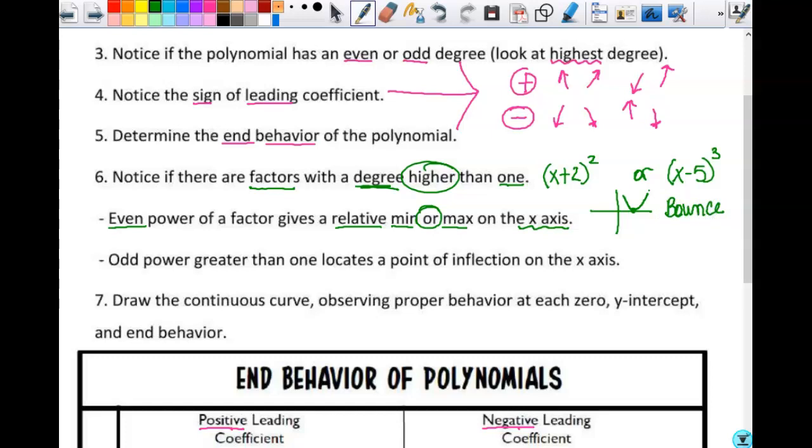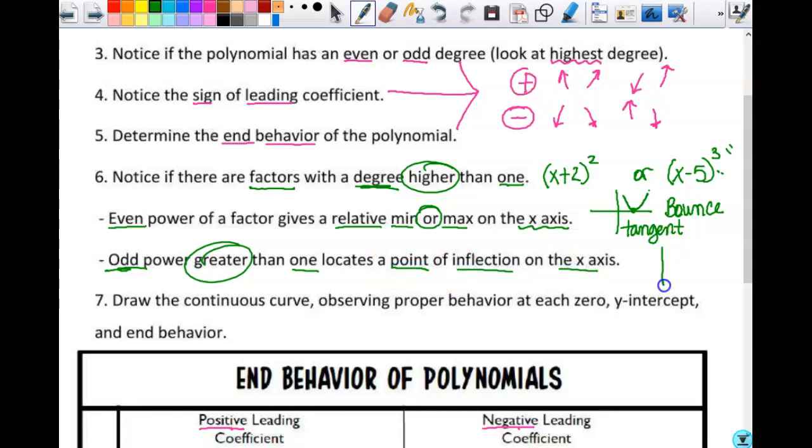What that really means, if I have the even power, is that this is going to be tangent to the x-axis. Okay? We'll talk a little bit more about tangency in just a minute. So then if I have an odd power greater than 1, like this right here, it locates a point of inflection on the x-axis.